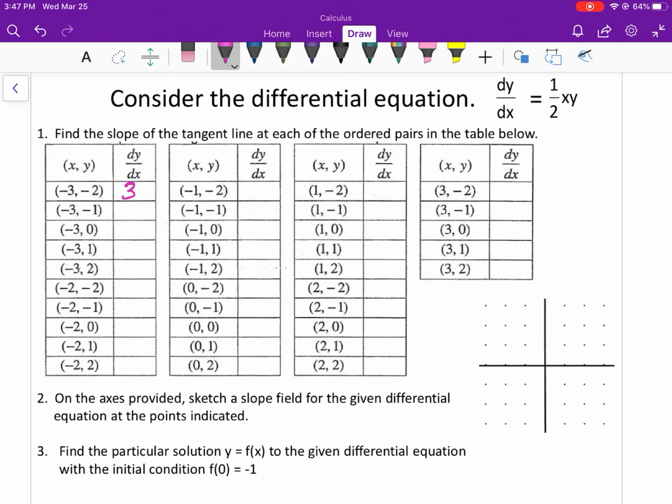And then we're going to have 3 halves, 0, -3 halves, -3, 2, 1, 0, -1, -2, 1, 1/2, 0, -1/2, -1, 0.